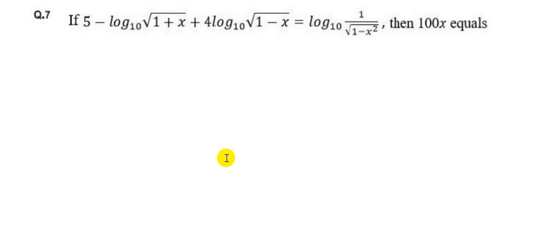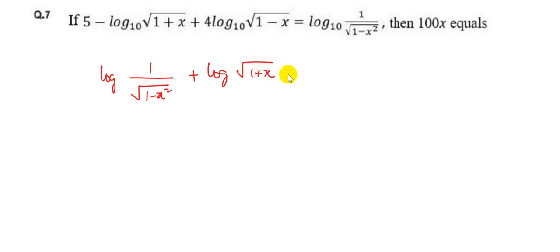We come to question number 7, which is once again a theta question, no negative marking. It's a simple log question using the basic properties of log. So we can write this as log of 1 by root over 1 minus x square plus log of root over 1 plus x minus 4 log root over 1 minus x equals 5.